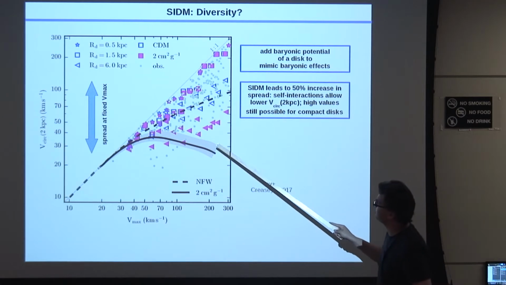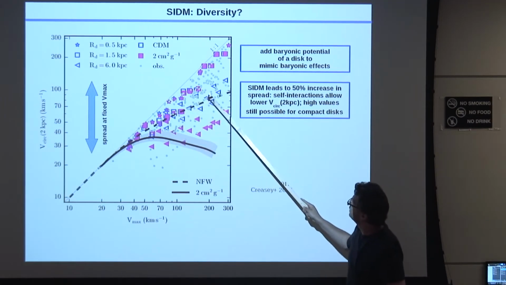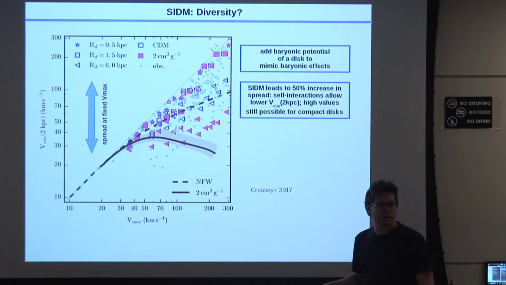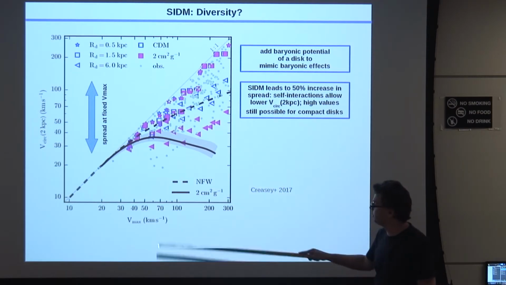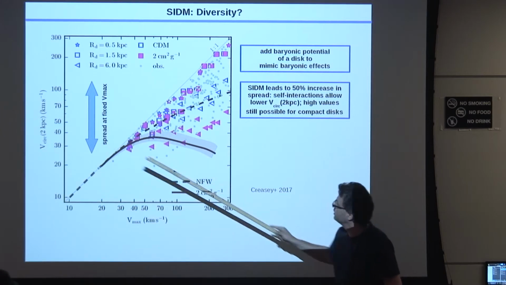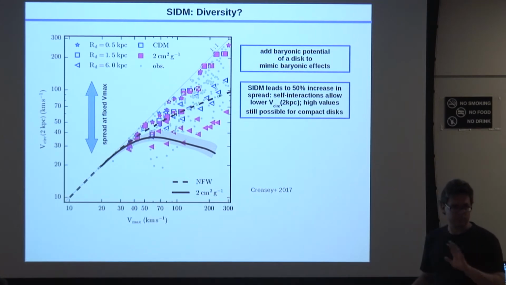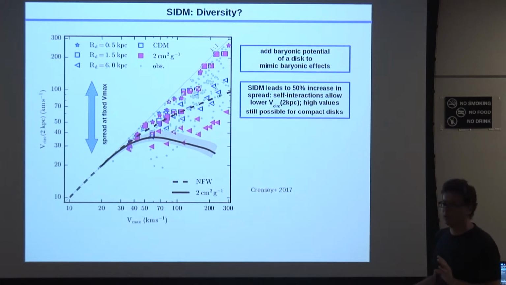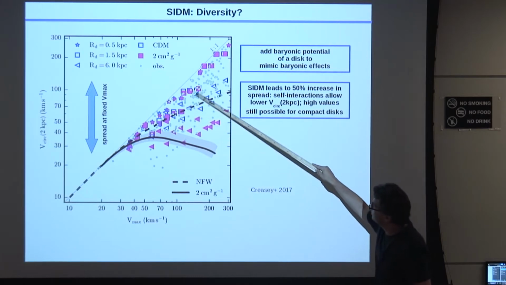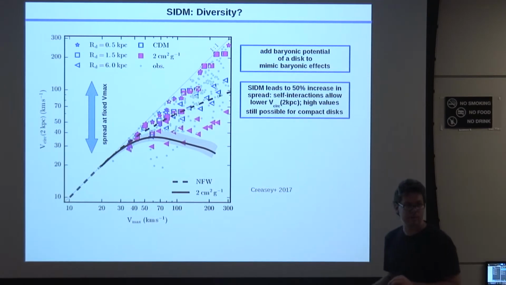Again, this is a very busy plot, but the main point is that all the squares are CDM models and all the triangles are SIDM models. It's the same plot, again Vmax versus Vcirc. Without doing any statistical analysis, if you look at it, there is a bit more diversity in the SIDM model. Yes, you span a larger range with these triangles compared to the squares.